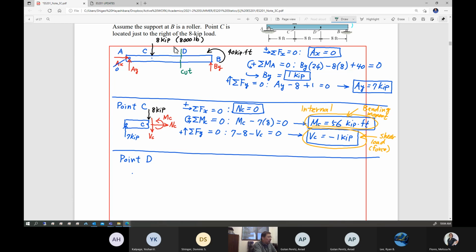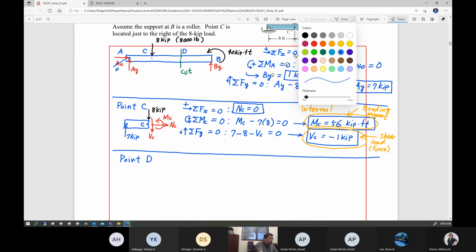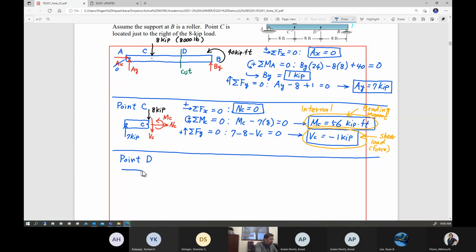Completely ignore this point C. This entire segment without cut, or this segment. Then I actually use this entire thing. So you have a variety of options. You can choose this segment, or this whole segment. 3 options. I'm going to choose this whole thing. Okay, now point D now looks like this.